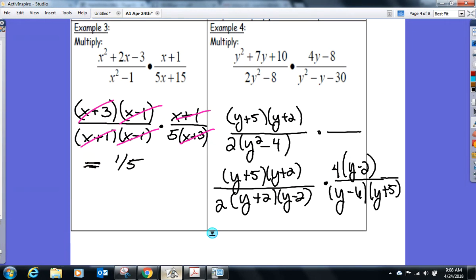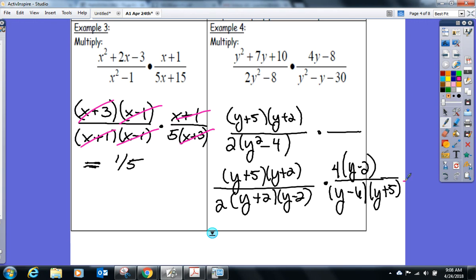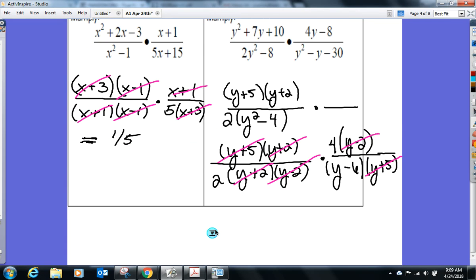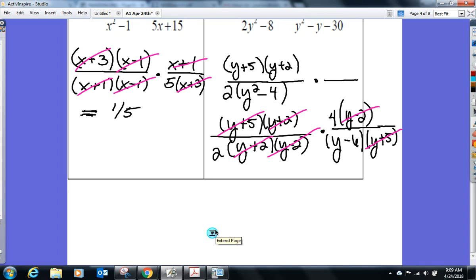What are you concerned with? You got a 4 and you got a 2 here.